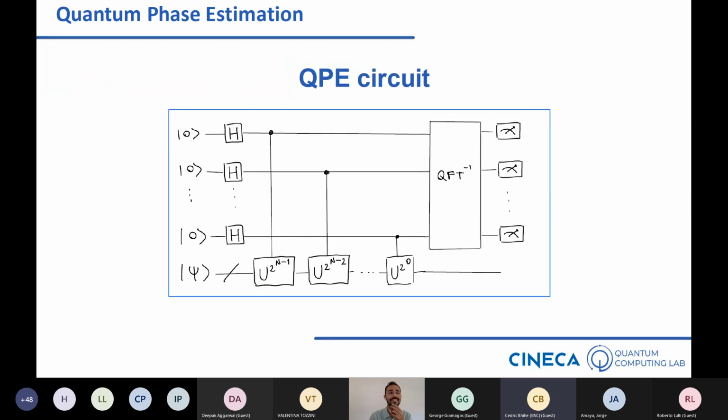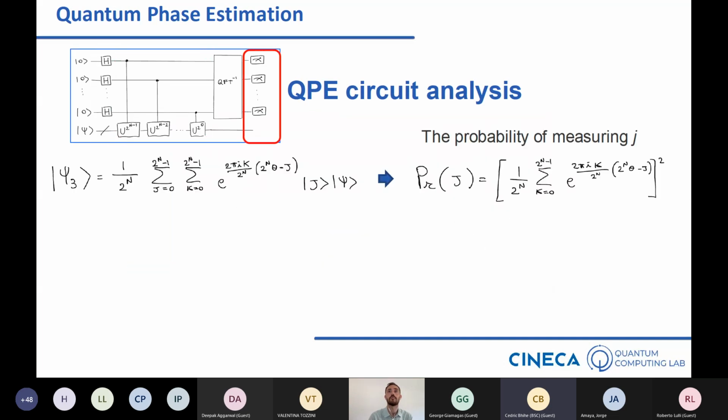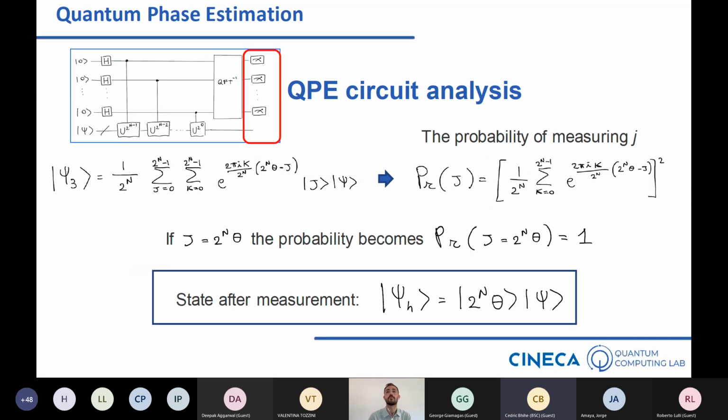You use the implication: for instance, for this last one, if j equals 2 to the n times theta, then the probability becomes 1. And when you observe the result j, what I'm not clear on is logically you will observe some sort of result, and then you will deduce theta from that result.